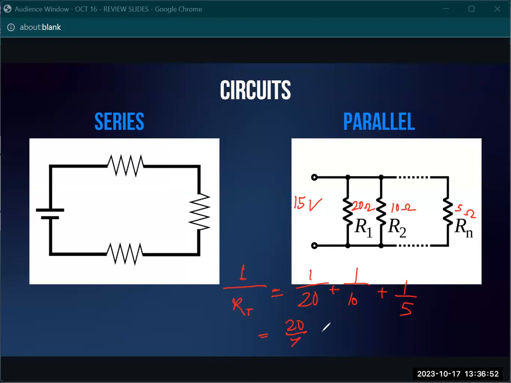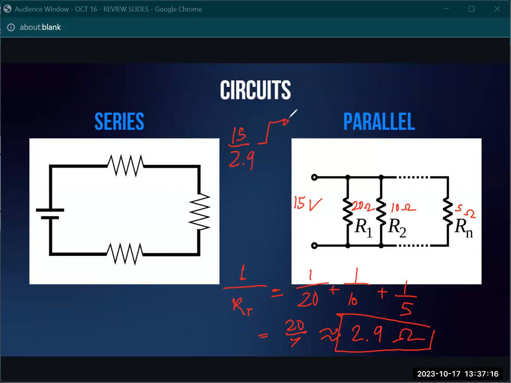Or around 2.86, but let's make it 2.3. So, total resistance. Tapos, we're gonna get the total current by dividing 15 by 2.3.